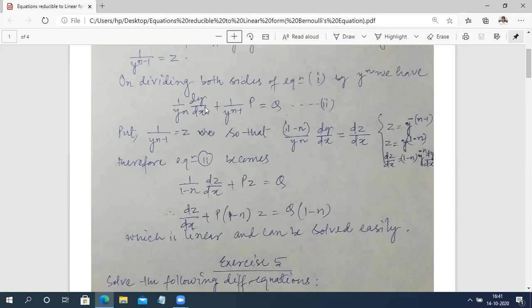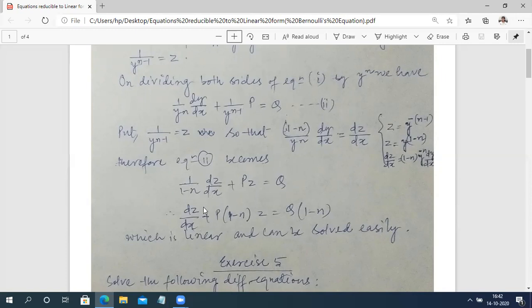So this value will be 1/(1-n) dz/dx plus P into z, you have substituted this value as z, so P into z is equal to Q. Okay, so now the second step is to make the dz/dx coefficient 1, so multiply the whole equation by (1-n).